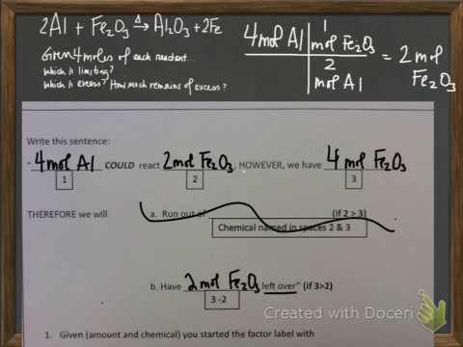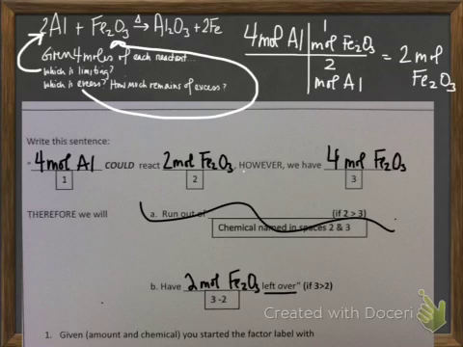So if we answer our questions, limiting, and I'm just going to draw the line, is the aluminum. Excess is our iron 3 oxide. And how much of that excess remains? 2 moles. Okay. These are easy when they're mole to mole. When they're mole to mole, you can kind of just see the answers for yourself. It's pretty straightforward.